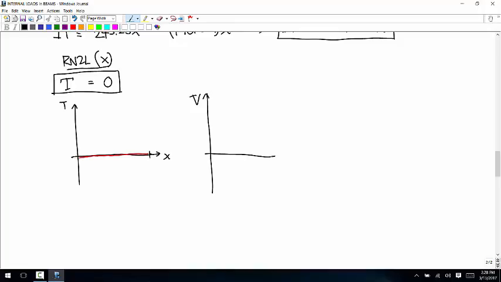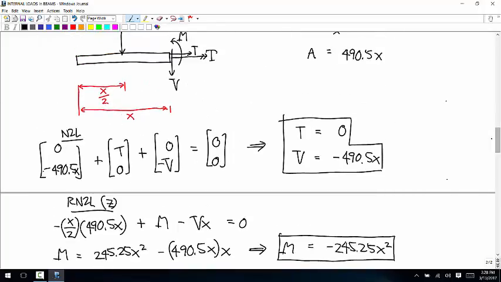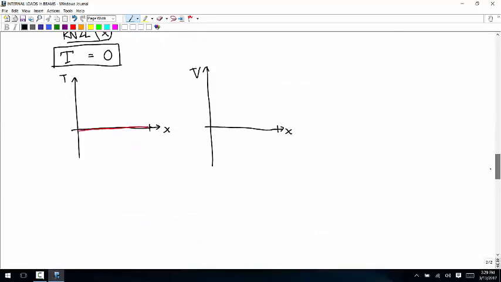The shear force as a function of x starts out at 0 and is linear with a negative slope down to a value of negative 981. So if this is negative 981 newtons, the shear force is like this.